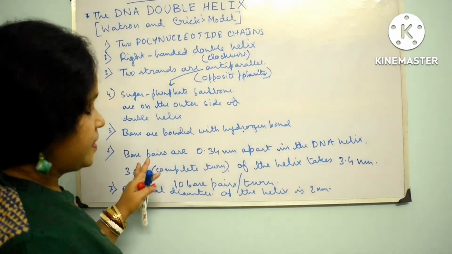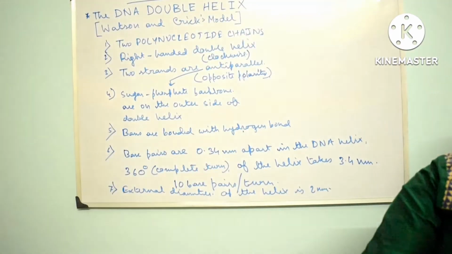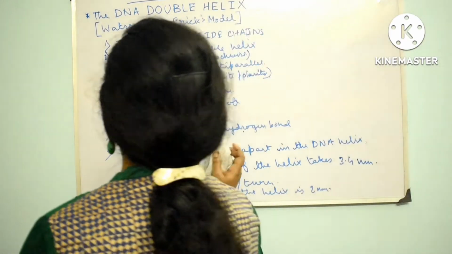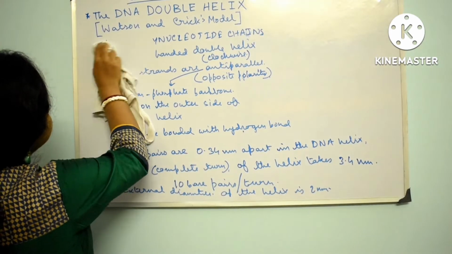Look carefully at the second point. I am going to erase this. Now, after discussing the very important 7 points, let's draw the famous Watson and Crick model of the DNA double helix.